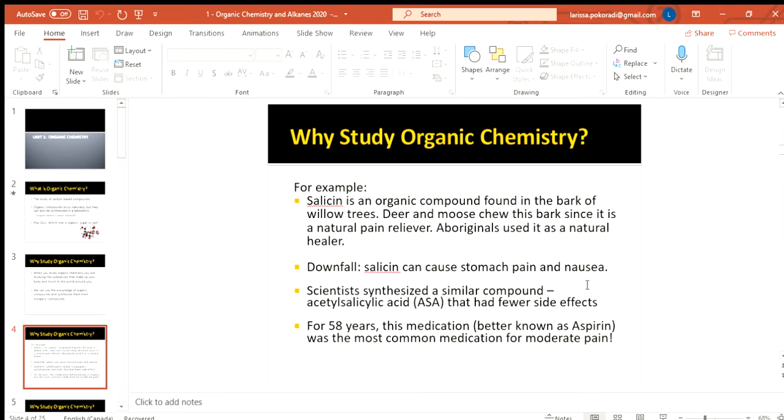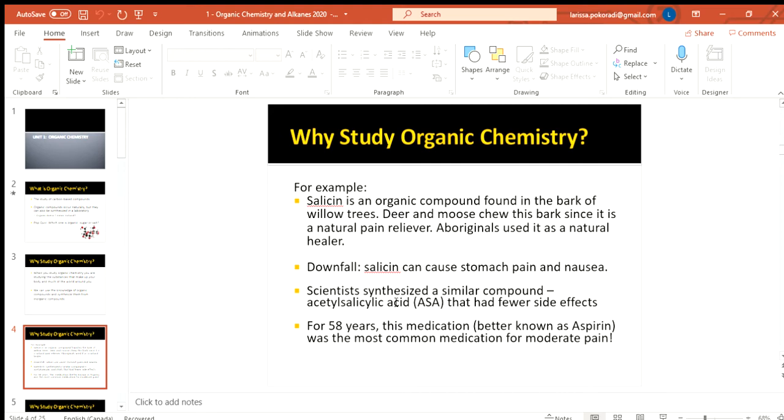So on the idea of salicin and looking at what its chemical formula and structure is, scientists were able to synthesize a similar compound, acetyl salicylic acid, that has fewer side effects. It can still upset some tummies, maybe not everyone's.